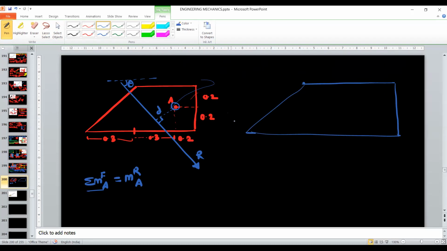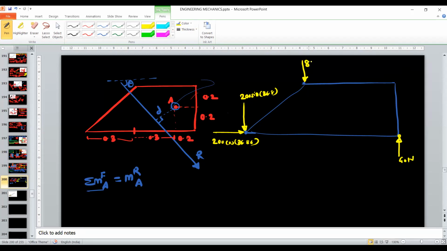At this point, we have two components. This component is 200 sine 36.86 and this is 200 cos 36.86. Then at this point, we have one force, which is 40 Newton. So this is the system of forces. No need to draw it again.